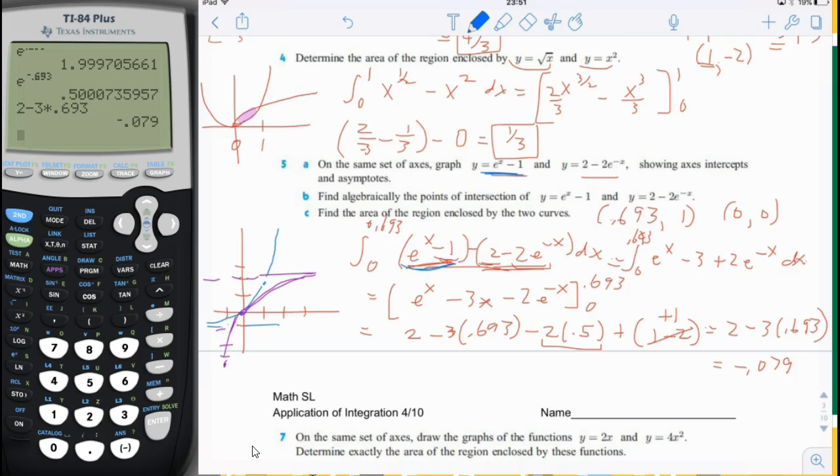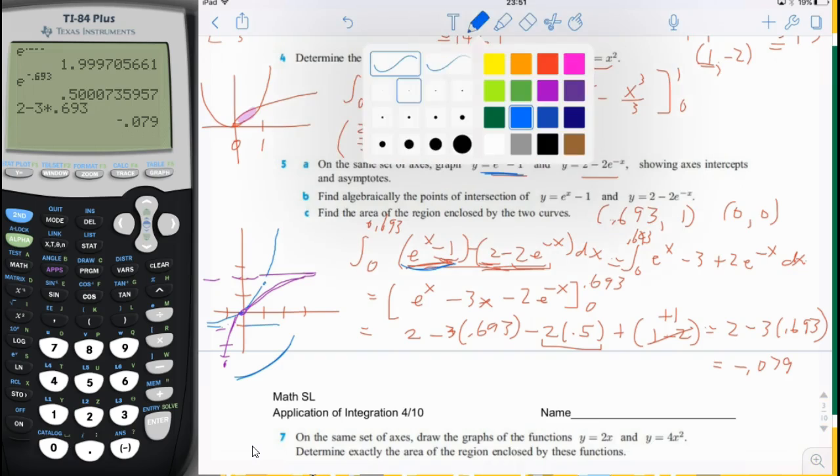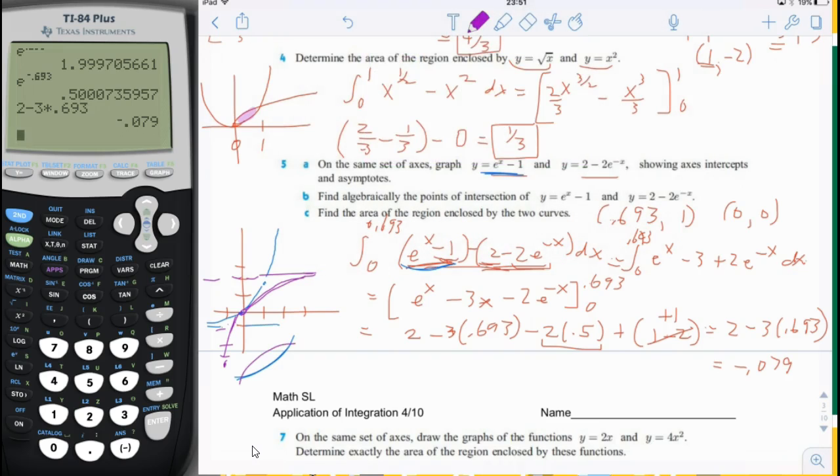But if you think about it, the blue function is actually crossing the purple function, and so we're actually looking at this region here, where the purple function is on top. So I put it in the exact wrong order, and that's why the answer came out to be negative 0.079. Actually, the answer should be positive 0.079, right? Okay, and that's it for page 3.